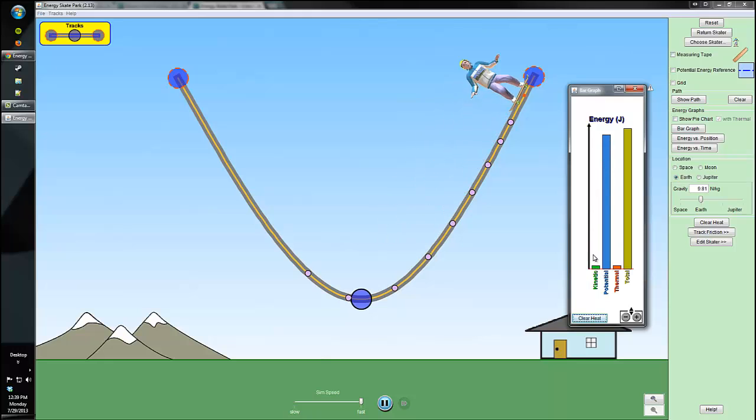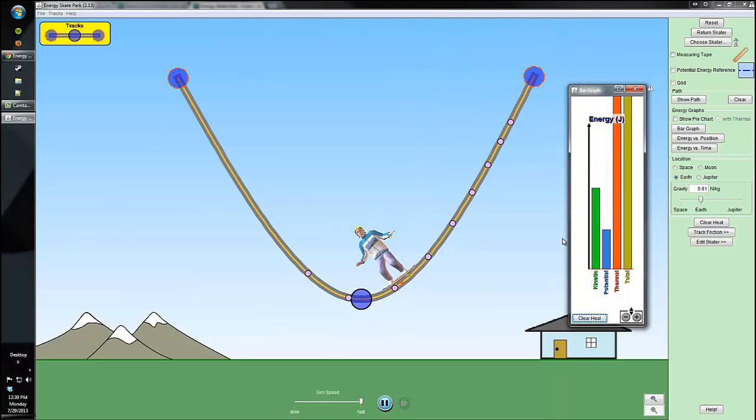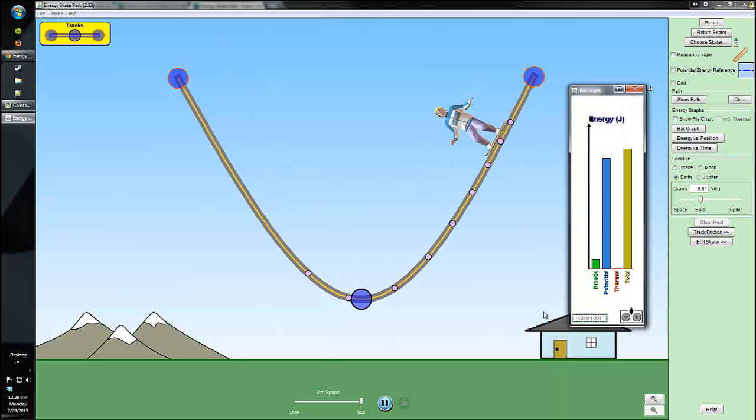This concept of your kinetic goes down, your potential goes up, but your total energy, which is your green and blue bars added together, never changes. And if I add a rocket to it, notice how my thermal energy is going up, but my potential and kinetic are still just trading back and forth. And if I ditch the heat, again, they just add up to whatever.